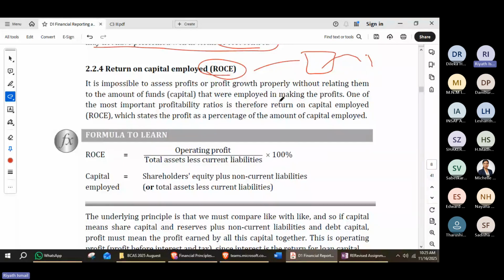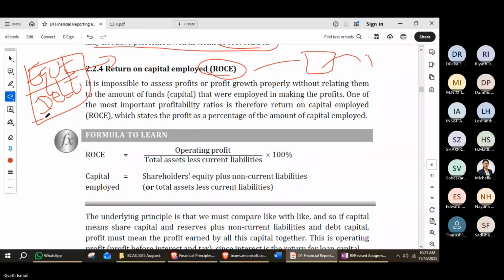That is the profit on our capital employed. Capital comes in two forms, equity plus debt. All this together we call capital: ownership capital and external capital, loans.